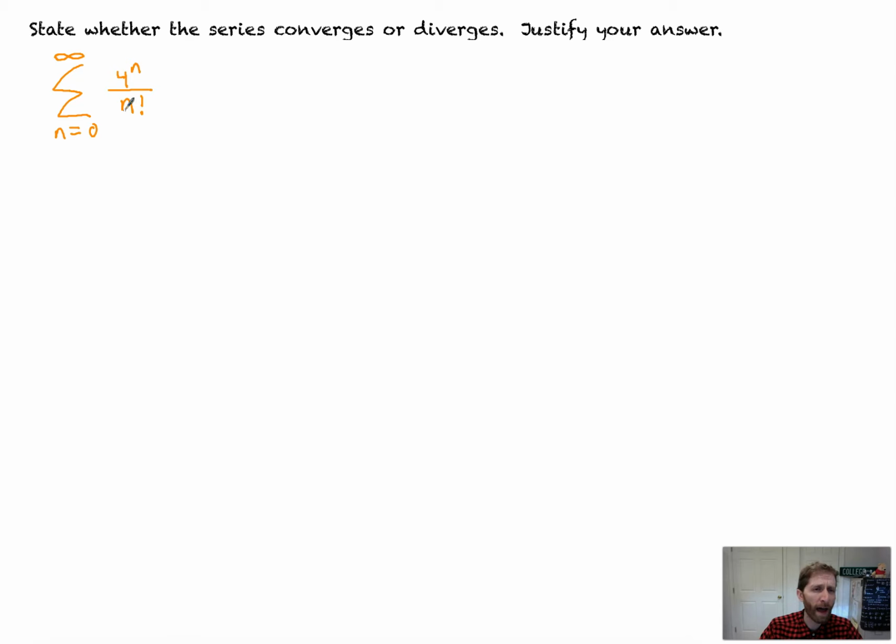I notice it's not messy, but very fast functions. So I'm going to take the limit as n goes to infinity of the absolute value of the n plus first term divided by the nth term. That's equal to the limit as n goes to infinity of, what's the n plus first term here?